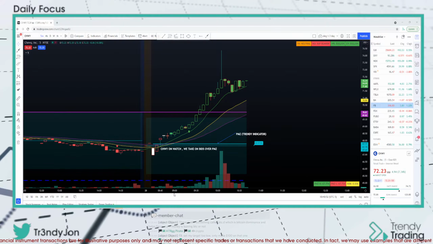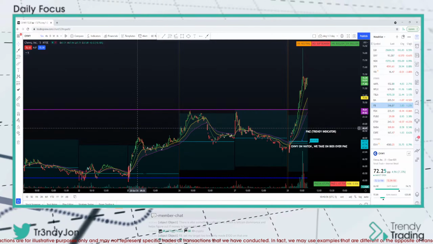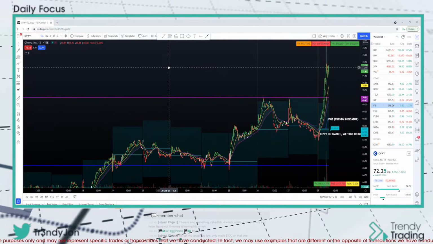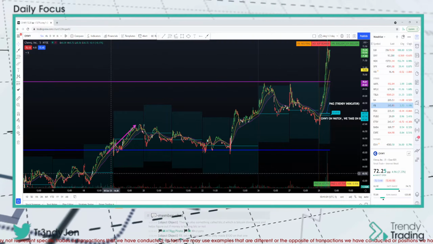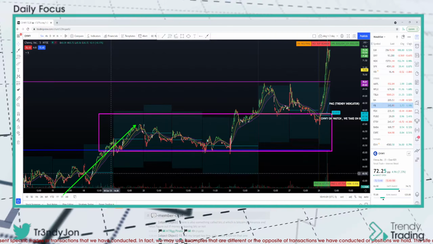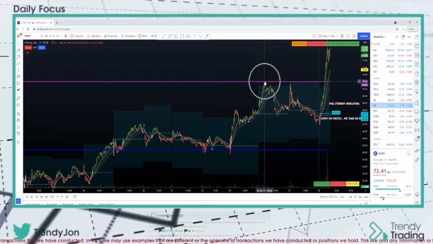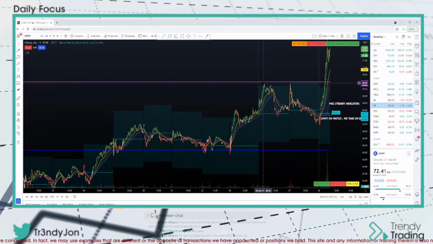What we're looking for this morning is you want to look at the last couple days. And this is what made me interested in CHWY this morning. Okay? And when you look at it, we had a nice little push up. And you could see that. And then we just kind of went sideways. Okay? And so we notice here that we came up into the trendy edge and we resisted. Okay? That's normal.